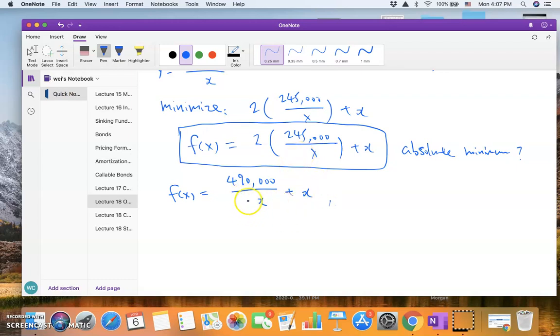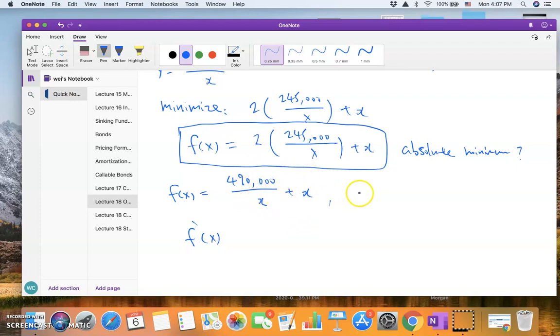And to find the absolute minimum, we first take the derivative, so we can find the critical points. Before we take the derivative, let's think about what is the domain of this function.